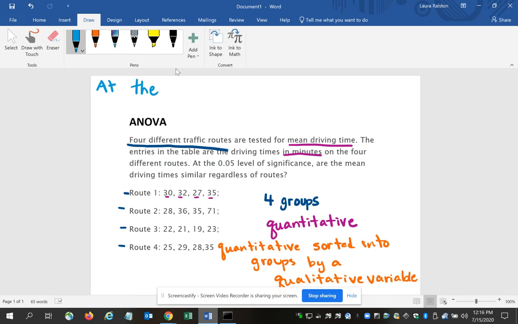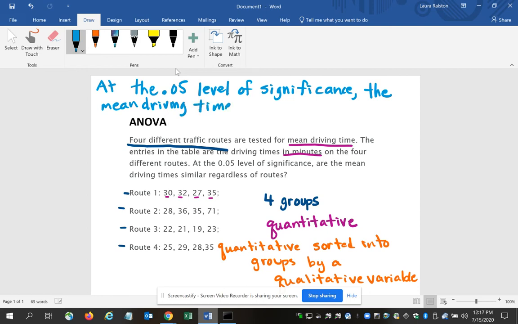Okay, at the 0.05 level of significance, the mean driving times are the same or similar regardless of the route.